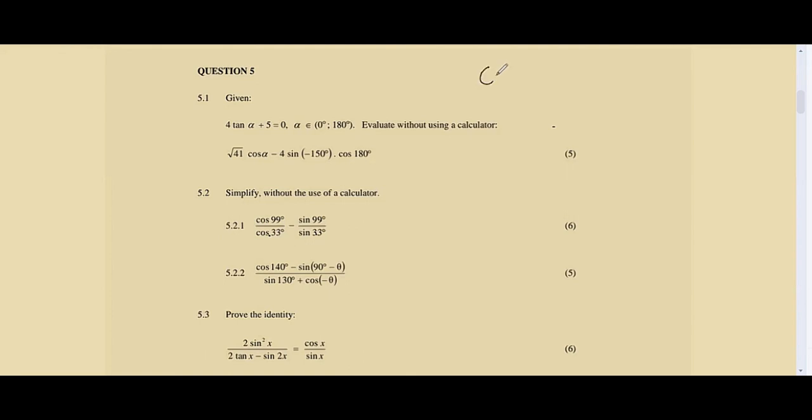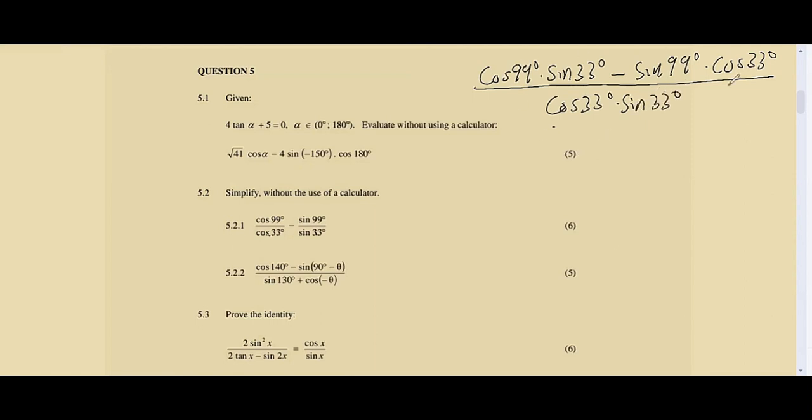Using that, we will have cos 99 degrees sine 33 degrees minus sine 99 degrees cos 33 degrees, over cos 33 degrees sine 33 degrees.